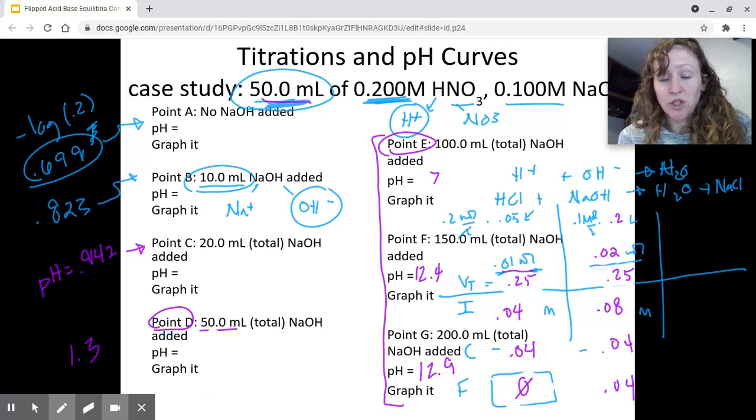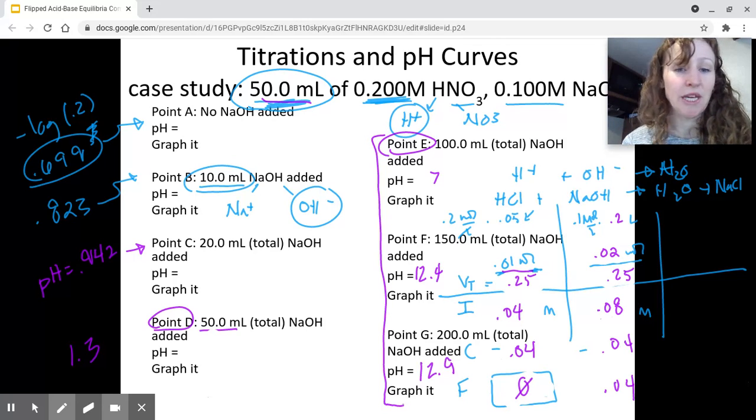We're left with a strong thing in the end. Those are our two cases. And so your change is always going to be the one that runs out first. And then the one that's left is going to dissociate completely. And the ion that determines pH comes from that thing. So we can just plug the concentration directly into pH.